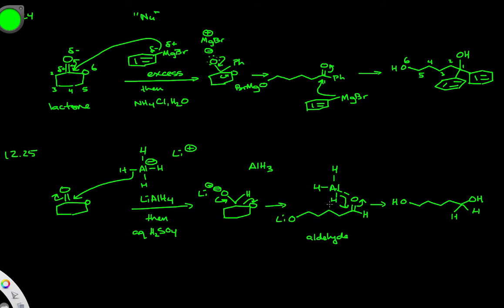That introduces the second hydrogen bonded to that alcohol. So whereas in 24 we ended up with a tertiary alcohol, in 25 we're ending up with a primary alcohol.